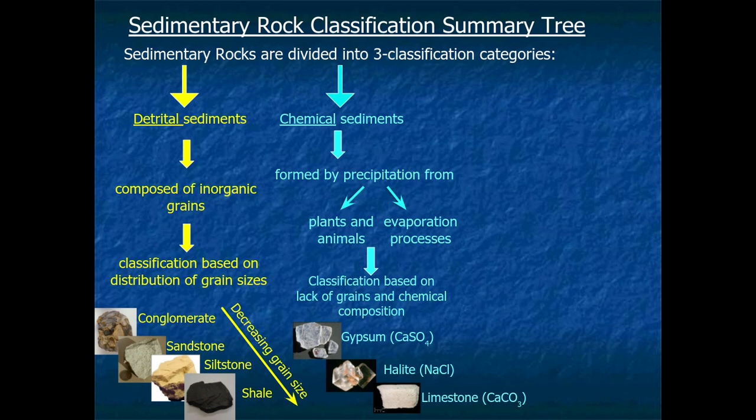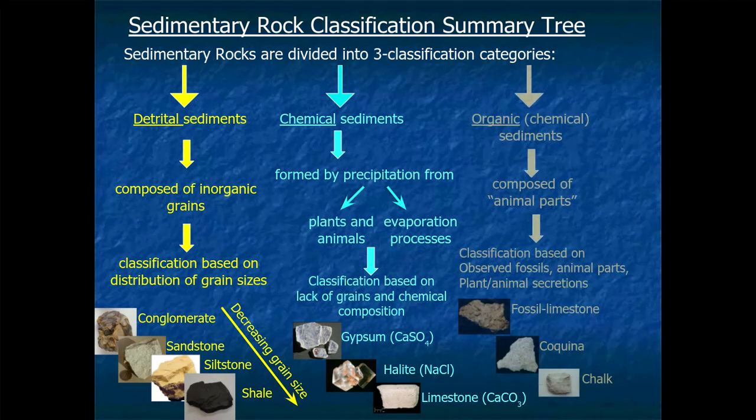Classification is based on lack of grains and its chemical composition. I've given you 3 common chemical sedimentary rocks: gypsum, halite, and limestone. And then we look at organic sediments, typically composed of animal parts. Classification is based on observed fossils, animal parts, plant secretions. The 3 common organic rocks I gave you were fossiliferous limestone, sometimes called fossil limestone, coquina, and chalk.